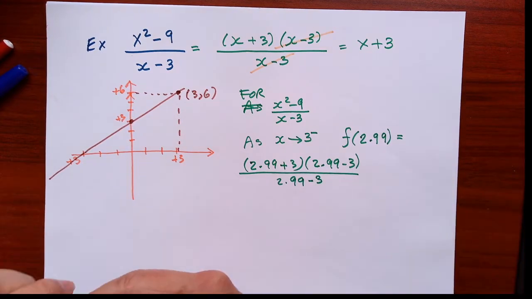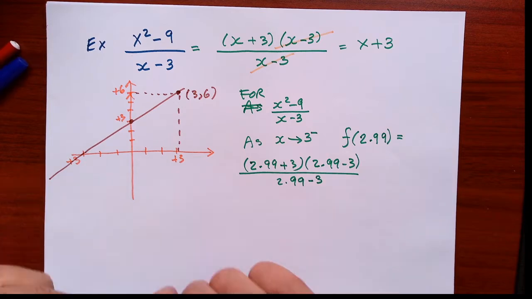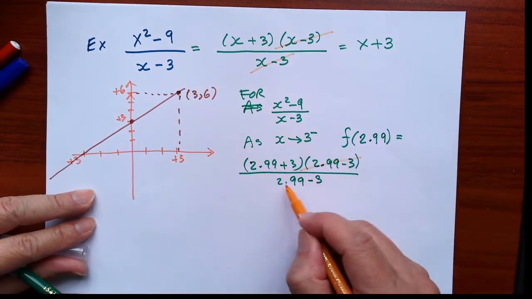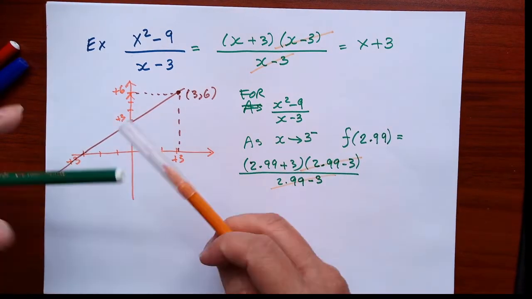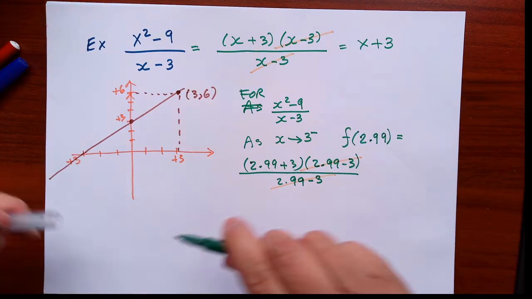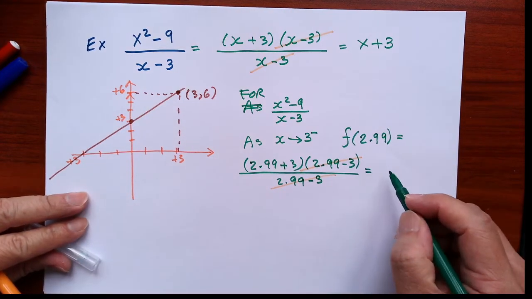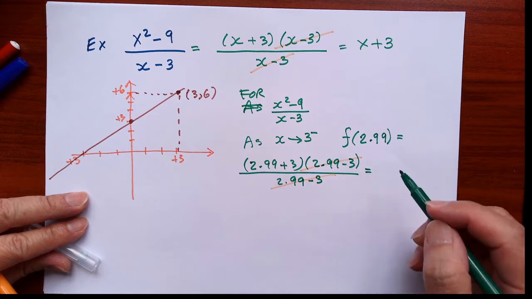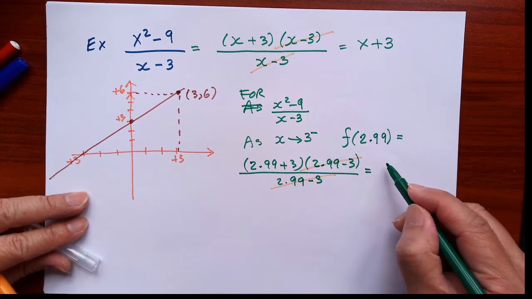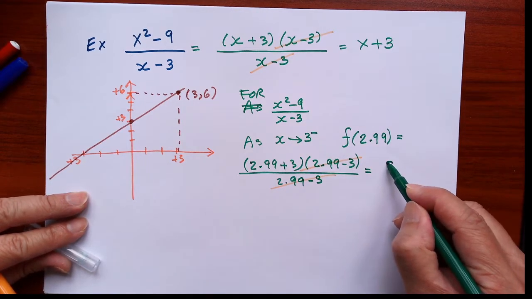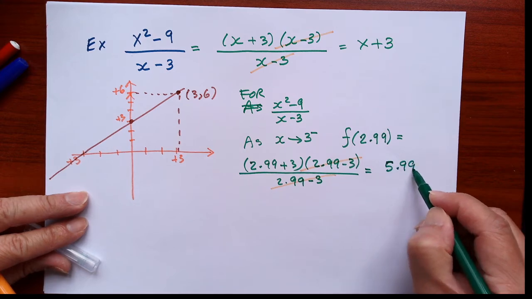To make the calculation simple, we can just cancel out these two terms, and the value would be 2.99 plus 3, which would be almost 6. It will be 5.99.